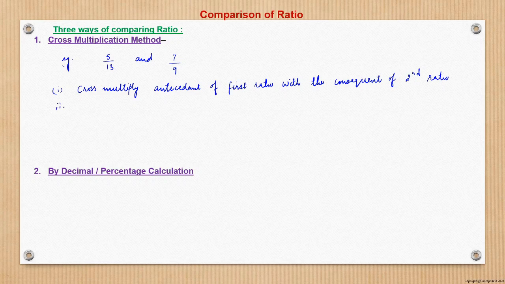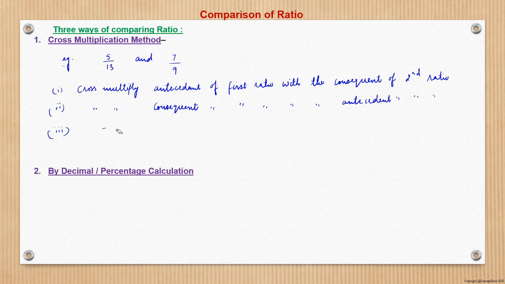Then second, cross multiply the consequent of the first ratio with the antecedent of the second ratio. And then third, subtract.